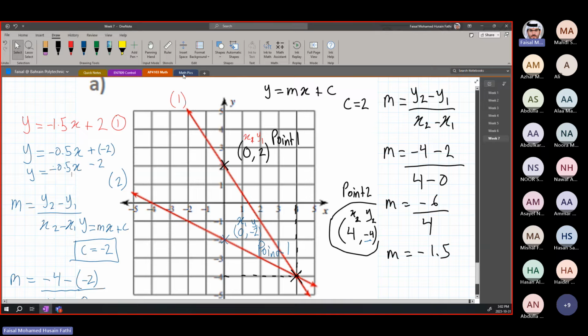It satisfies both lines. Once I did that, I just applied the equation of a line, y equals mx plus c. The m we know is y2 minus y1 over x2 minus x1. This is my point 2 and this is my point 1. I did y2 minus y1 over x2 minus x1 and got the m. C is the y-intercept, the point I already got from the very beginning, which is equal to 2, because the x value equals 0.